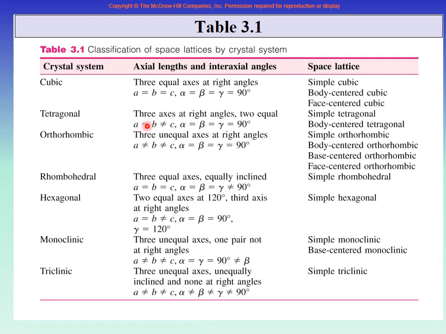In tetragonal, two were equal, third was unequal in length. Here all three lengths are unequal, but the angles are still all 90 degrees. Right? So we will see on the next page, cubic, tetragonal, orthorhombic, rhombohedral, hexagonal, monoclinic, triclinic. These are the basic crystal systems in terms of the geometry.